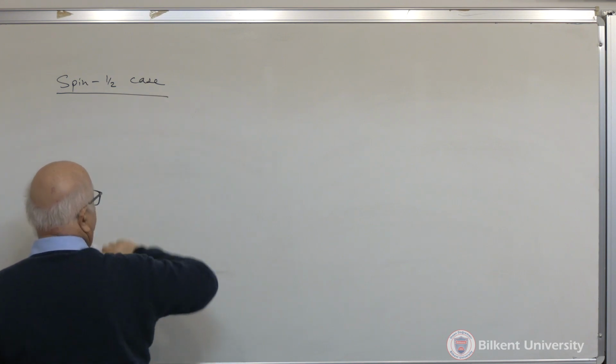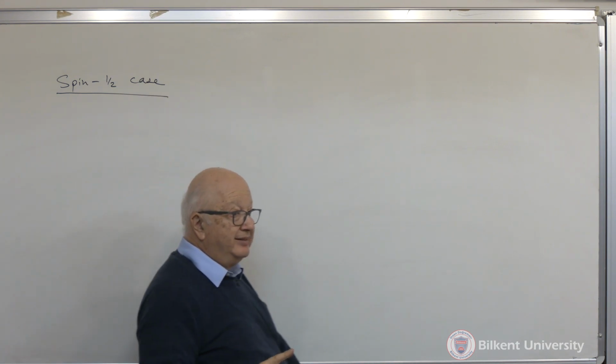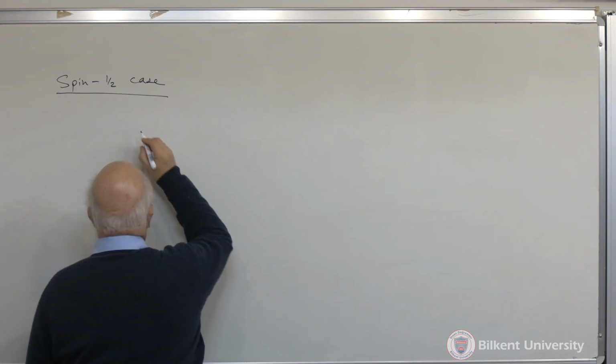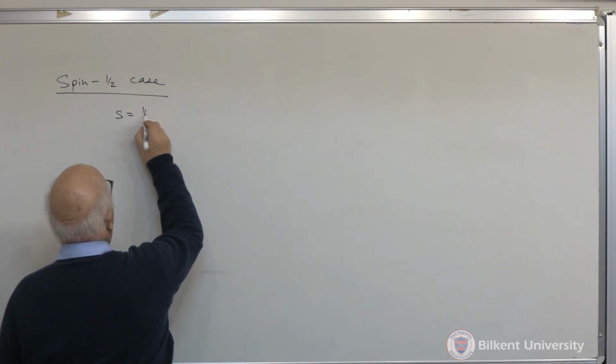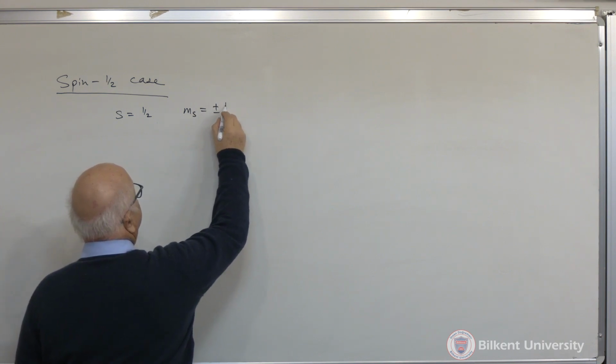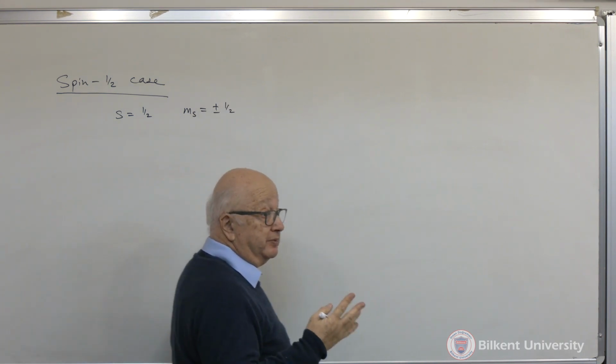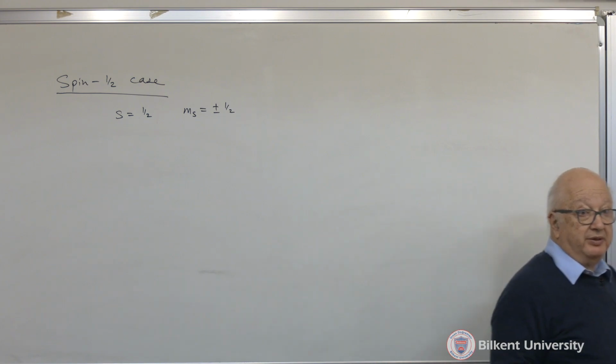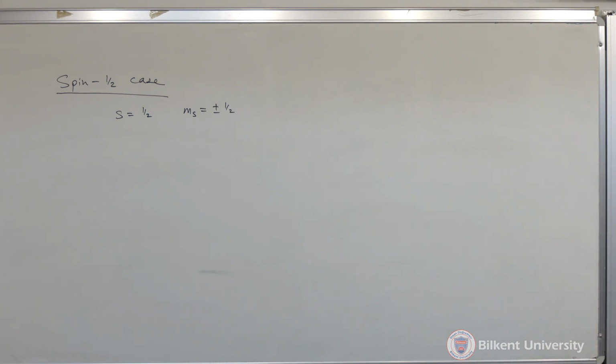Spin 1/2 means S is equal to 1/2. So ms can be plus or minus 1/2. So there are two possibilities. So ms is either up or down. Remember, that's the z component of the angular momentum.